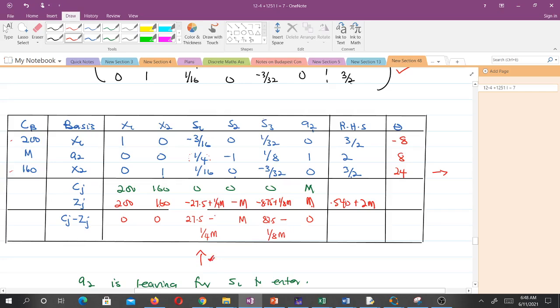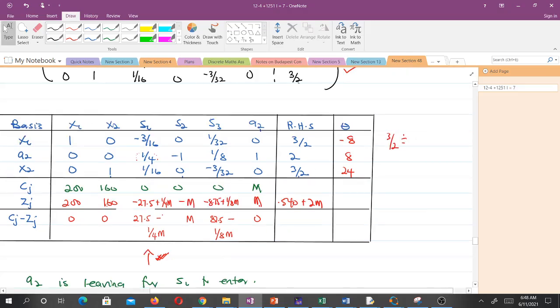So that means s1 is going to enter into the solution, but which of the basis variables is going to leave? So we have to do the minimum ratio test to know that. The only way to do that is to divide the right hand side by the s1 values. So this will be 3 over 2 divided by minus 3 over 16.